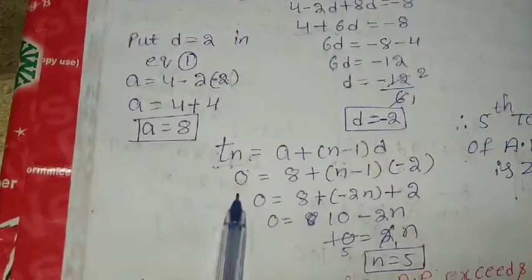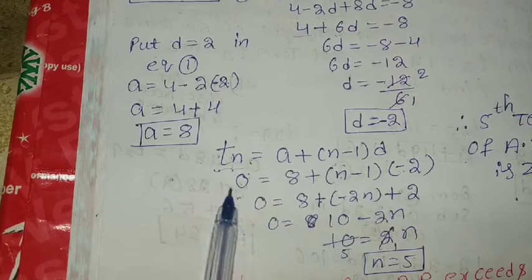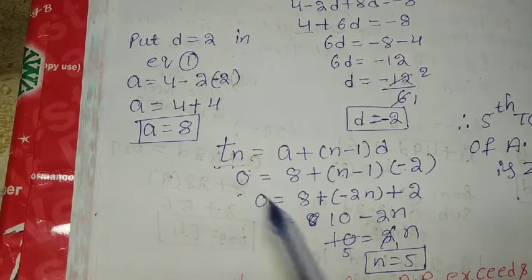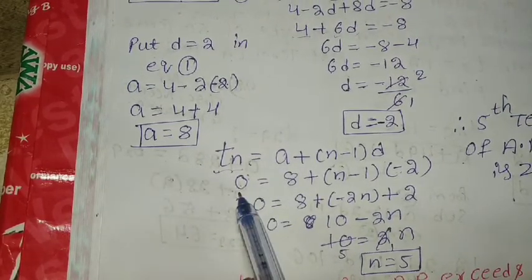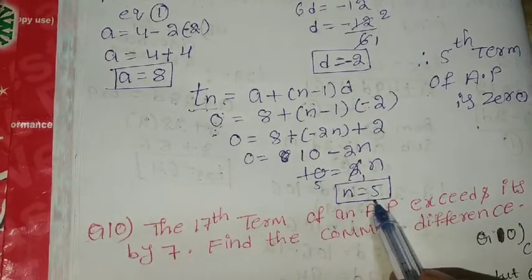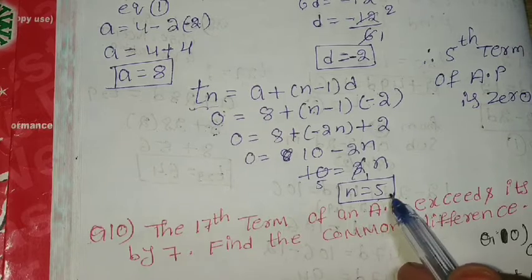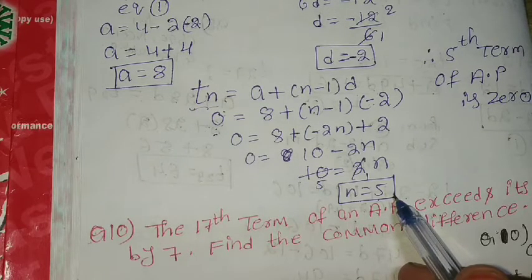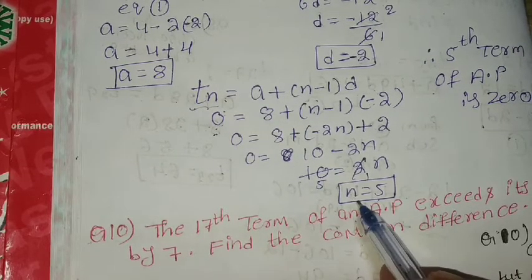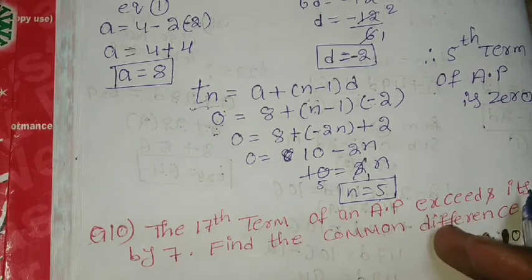Here they ask 0, so you kept here the nth term is 0. If they ask 2, you will keep the nth term as 2. If you get the result as a positive integer, then our result will be right. Otherwise our result will be wrong. Okay, the nth term will always be a positive integer itself. Already I told you before in classes.